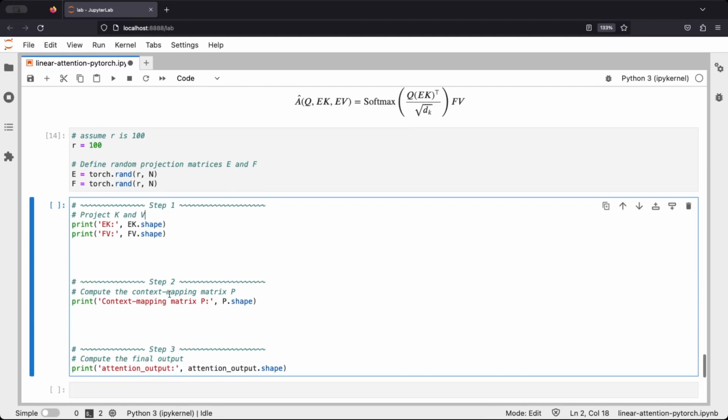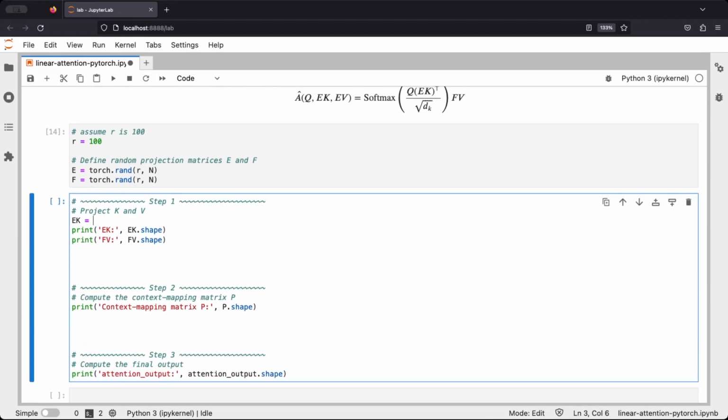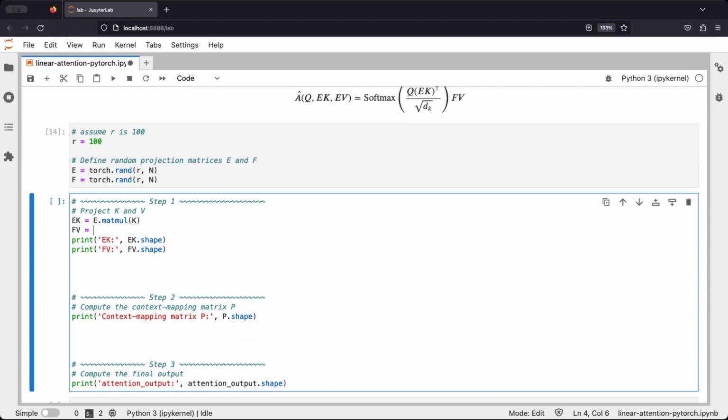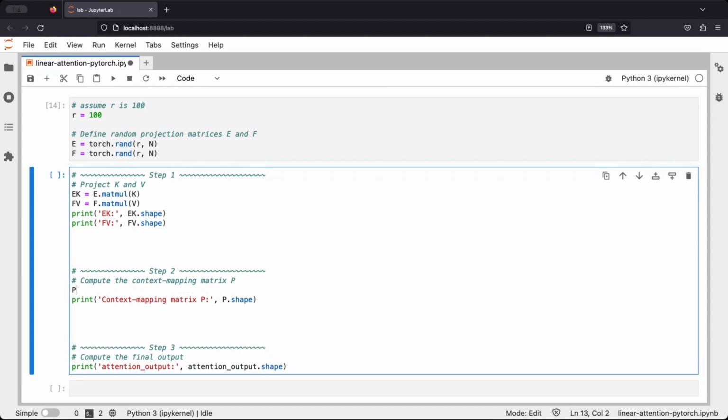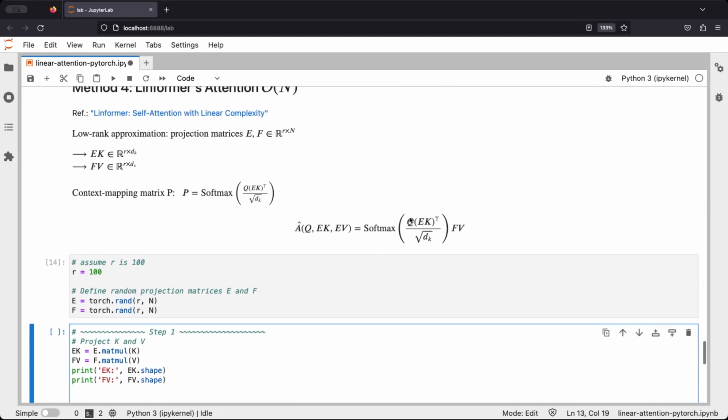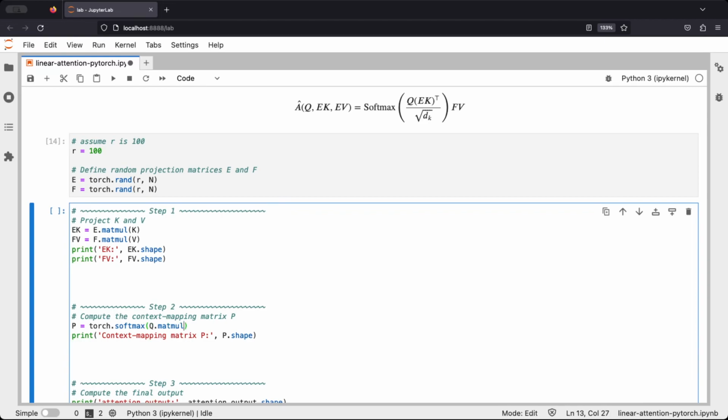And now we do this in 3 steps. In step 1, we compute EK, that is E dot matmul with K, and FV is F dot matmul with V. Then in step 2, we compute this context mapping matrix P, so that is torch.softmax of q.matmul with ek.t, and then we divide that by the square root of dk, and we run that over the rows, so that is dim equals 1.